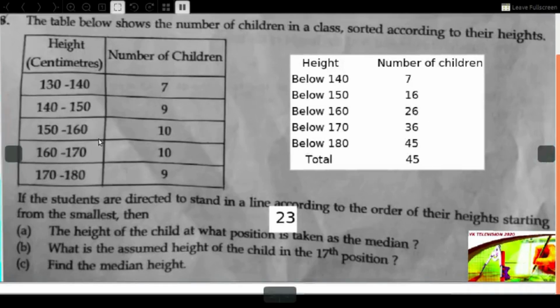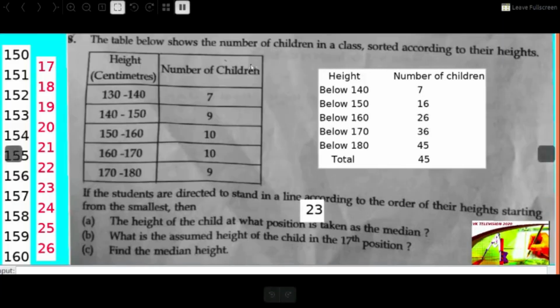Now this interval is divided into 10 equal intervals. So the height of the 17th person lies between 150 and 151. Height of the 18th person is between 151 and 152. Then what is the assumed height of the child in the 17th position?